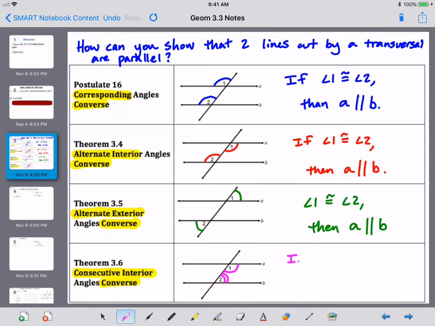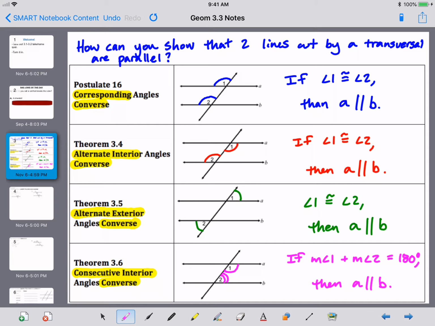So this one tells us that if the measure of angle 1 plus the measure of angle 2 is 180 degrees, then we can say A is parallel to B. So this is the only case when we don't say that they're equal, but we say that they add up to 180. Because these consecutive interior angles are kind of the odd ones. They don't equal each other, but they do add up to 180.